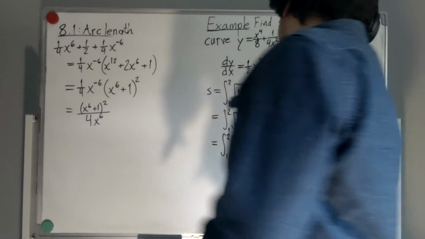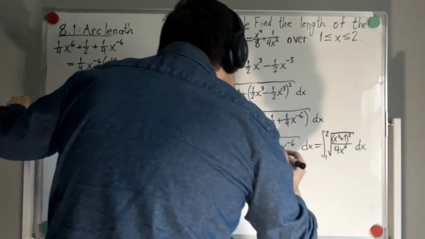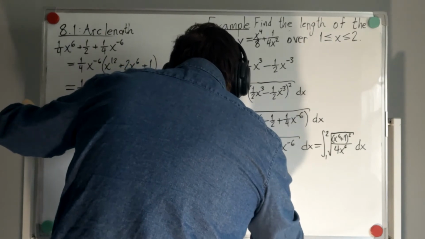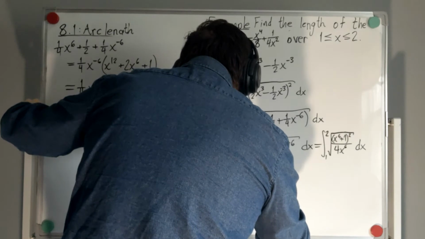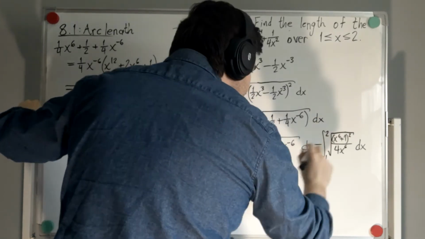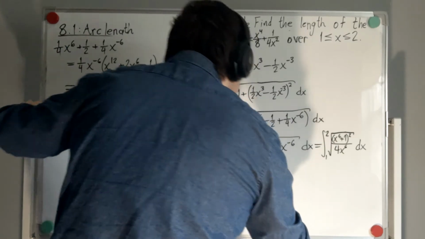Well, the square and the square root cancel each other. So then this becomes integral from 1 to 2 of x to the 6th plus 1 divided by 2x to the 3rd dx.